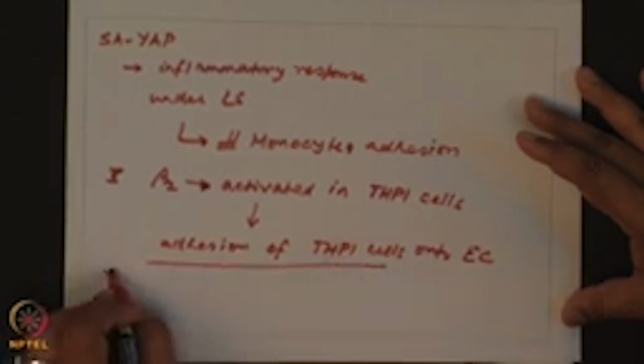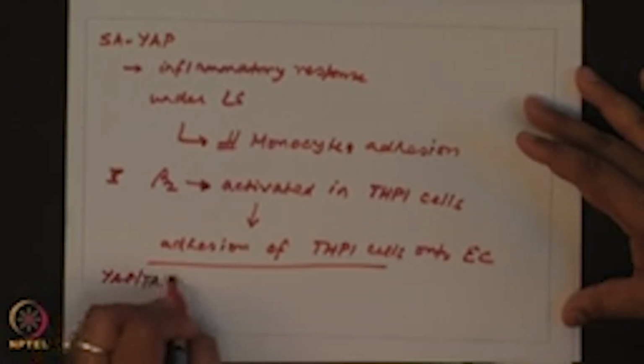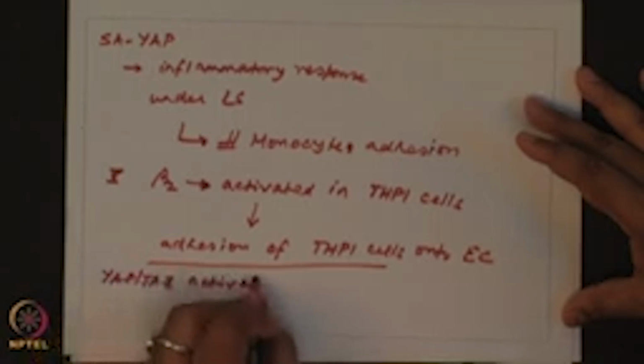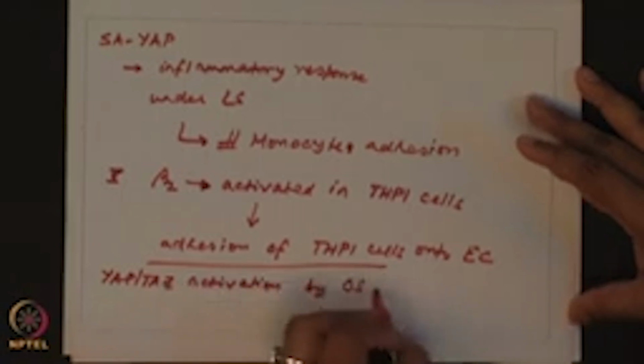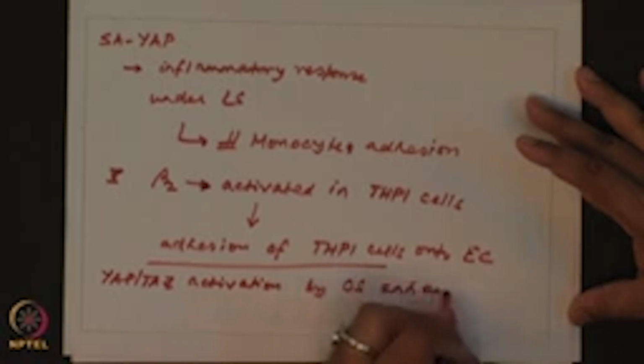onto the ECs. So, together what the authors concluded was that YAP-TAZ activation by oscillatory stress enhances monocyte EC interaction, and this can contribute to atherogenesis.